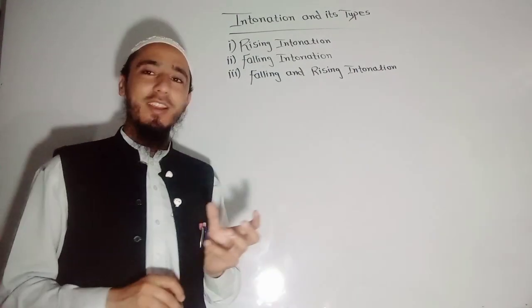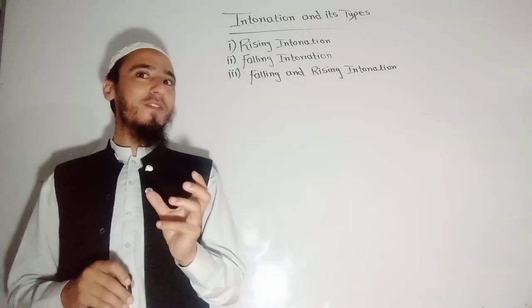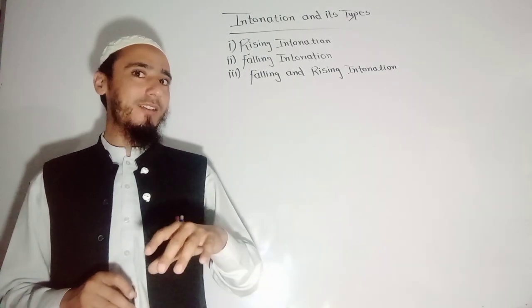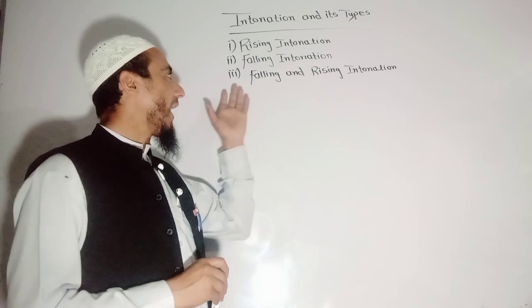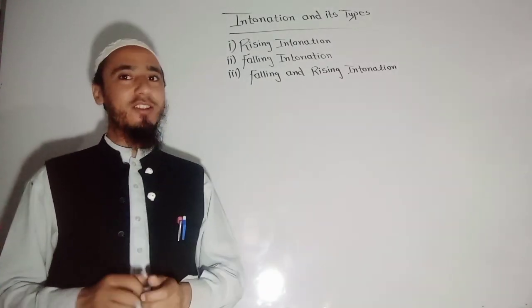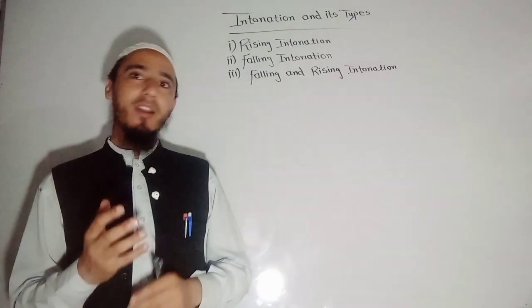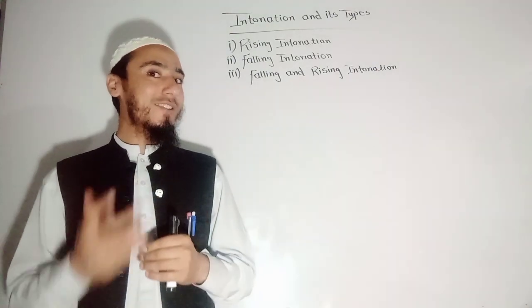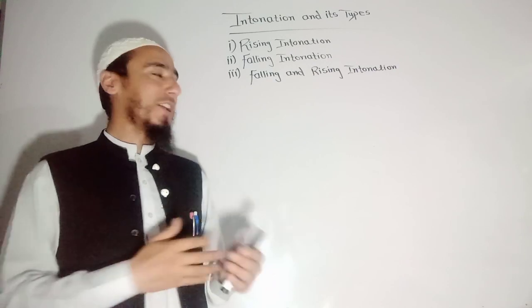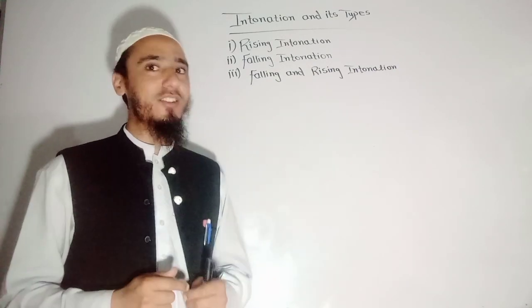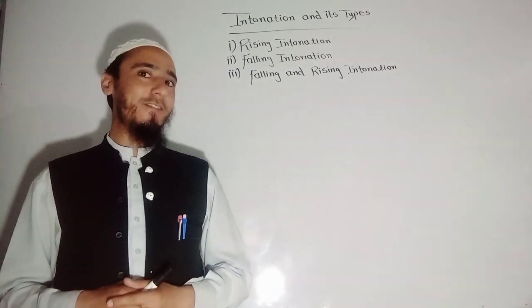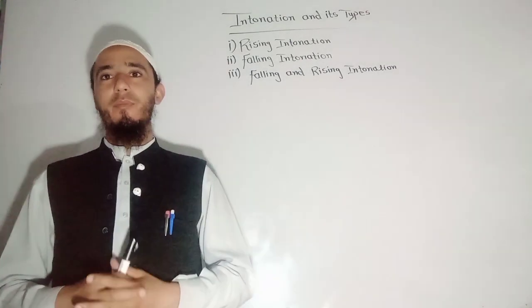And falling intonation is the type of intonation when our voice falls in speaking. And falling and rising intonation is the type where our voice rises and falls in both conditions. This process is known as both rising and falling intonation.